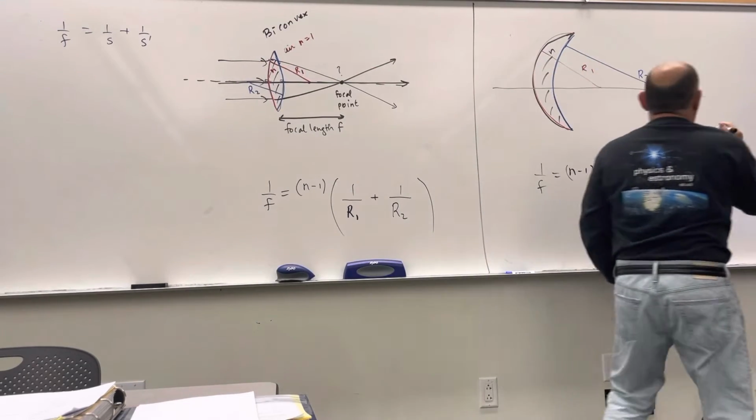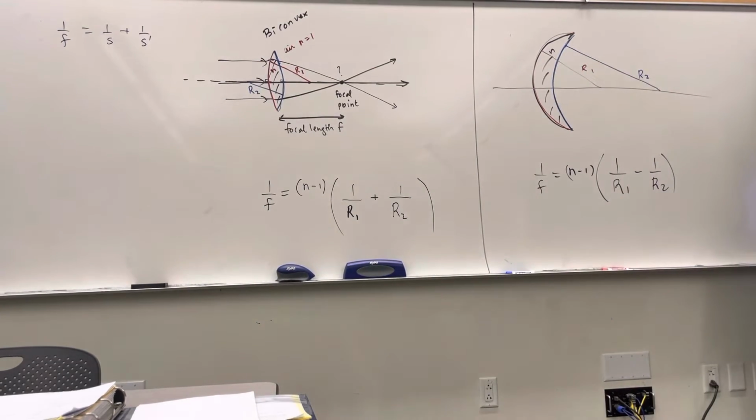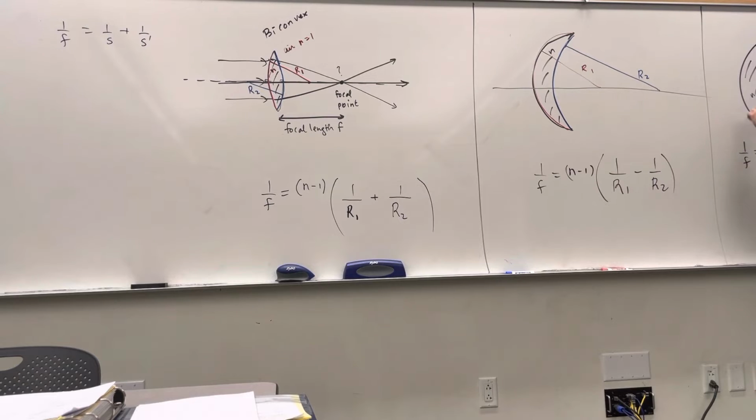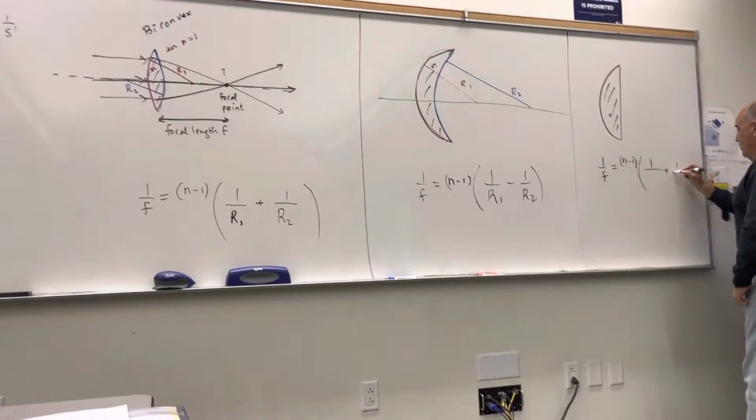I don't know what they call this one, but sometimes you have a lens that's cut like this. So this is the glass here. And in this case, what will be the focal length of this? 1 over f equals n minus, if you have air over here, that will be n-1, and then 1 over, and then plus 1 over something over here.